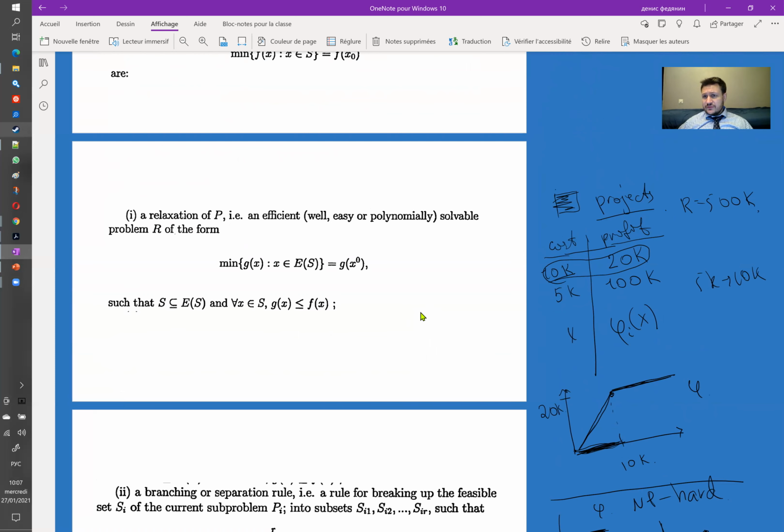We just try to find the effectiveness. We divide profit by costs, and we have here 2, here we have 20, and so on. And we spend all the resource on the projects that have the best efficiency.